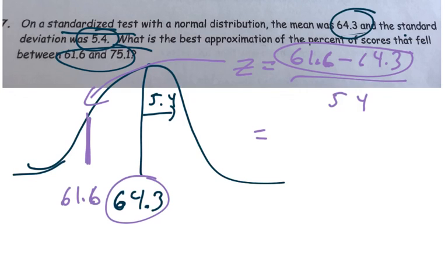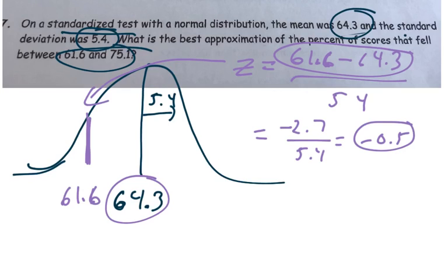If we subtract those two, we will get negative 2.7, dividing by that 5.4, guys, is going to be negative 0.5. So see, we got a z-score that wasn't exactly 1 or negative 1, something simple like that. So I'm glad that happened.